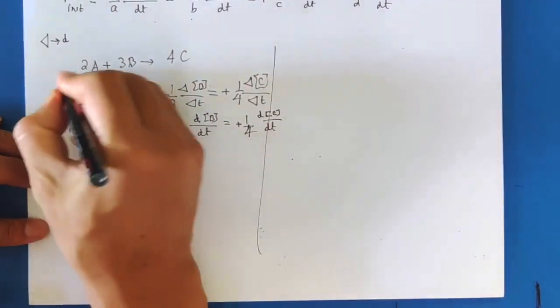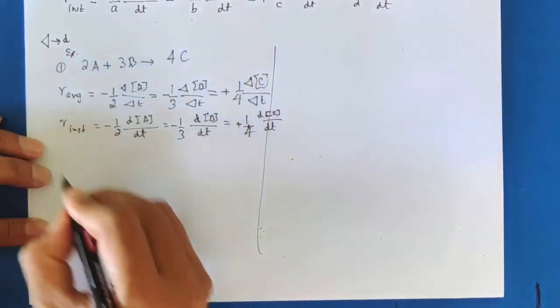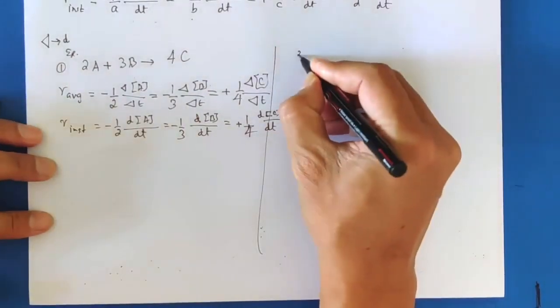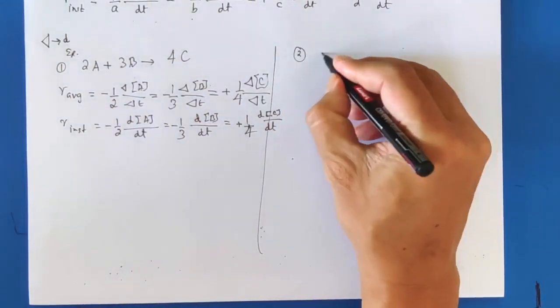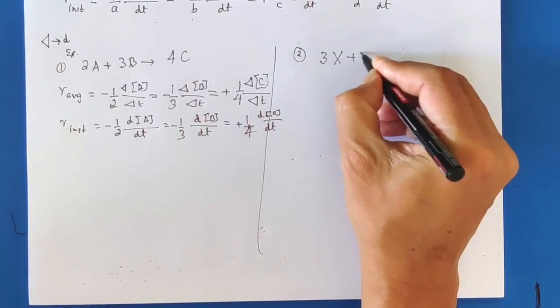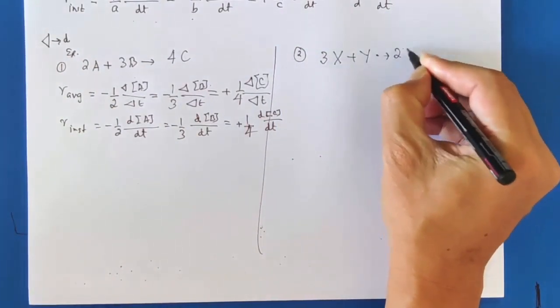And one more example, example 2: 3x plus 1y is giving 2z.